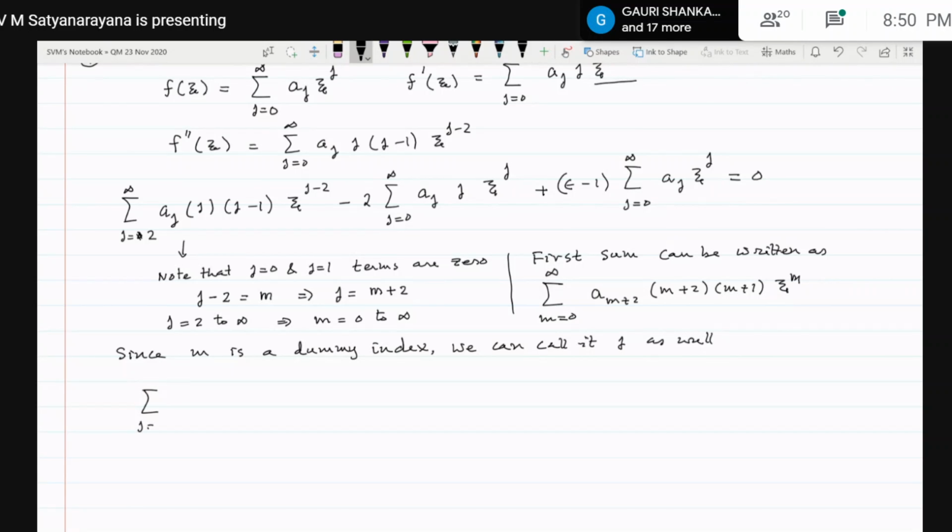Sum over j equal to 0 to infinity. This is common to all the terms, and I have xi to the power j, that is also common to all the terms.